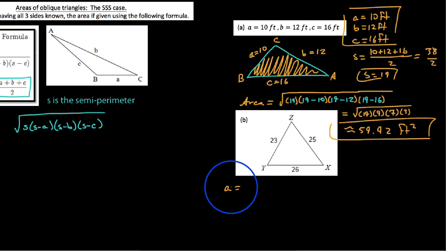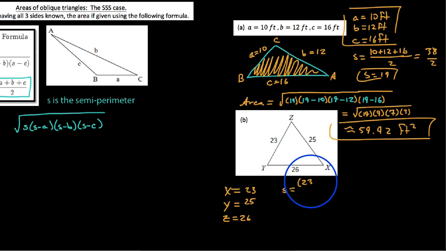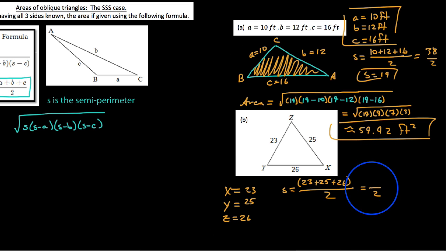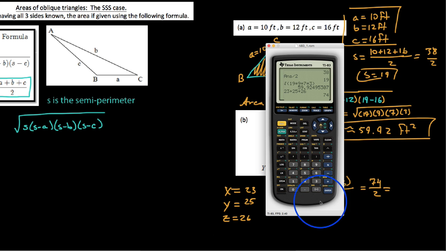Instead of A, B, C, we'll use X, Y, and Z. X is 23, Y is 25, and Z is 26. First we solve for s. s is 23 plus 25 plus 26 all over 2. That's 74, and 74 divided by 2 is 37.